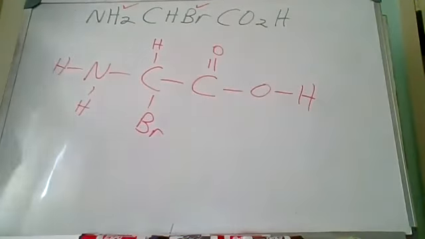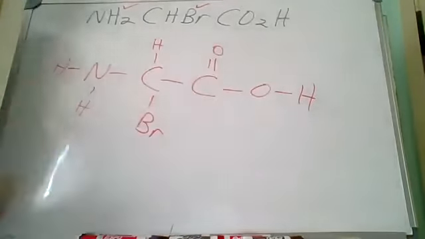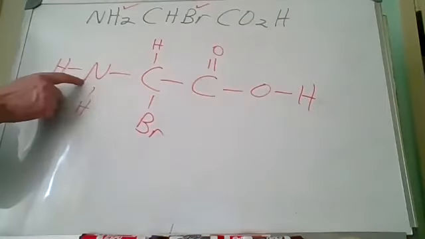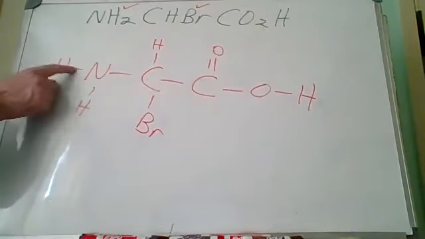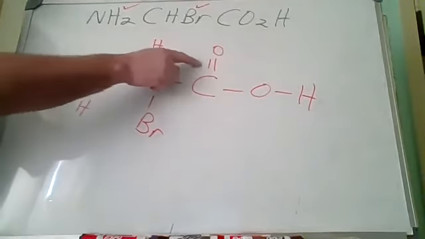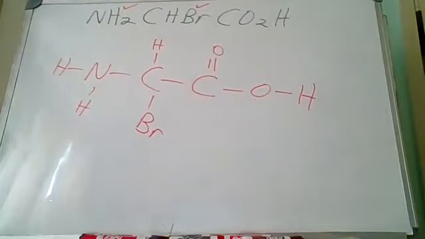Now we're going to go back and we're going to check. Does every atom have the right number of bonds? Hydrogens can only make one bond. There we go. So the hydrogens are good. Bromine can only make one bond. Nitrogen is in group 5, should make 3 bonds, 1, 2, 3. Oxygen is in group 6A, should make 2 bonds. And remember, a double bond counts as 2 bonds. Right? Double bond counts as 2 bonds.